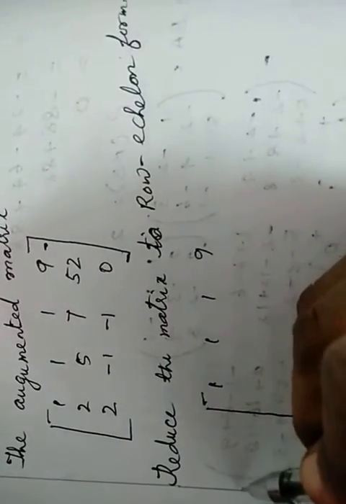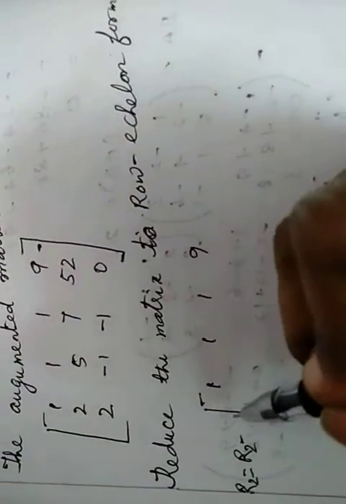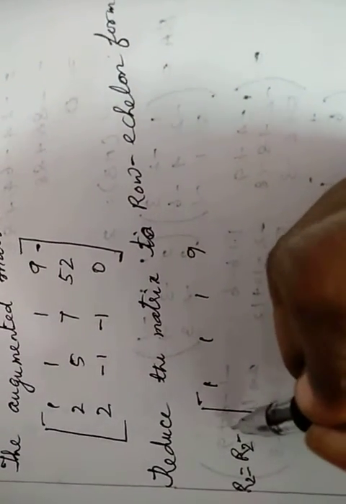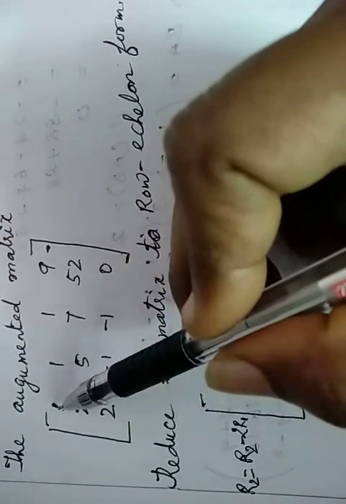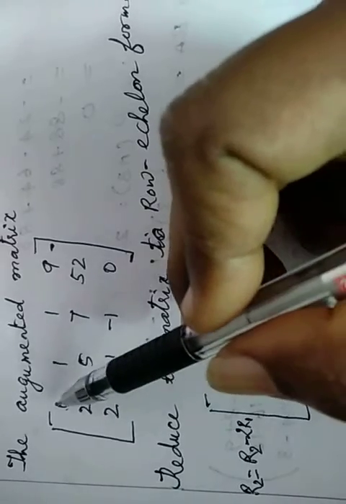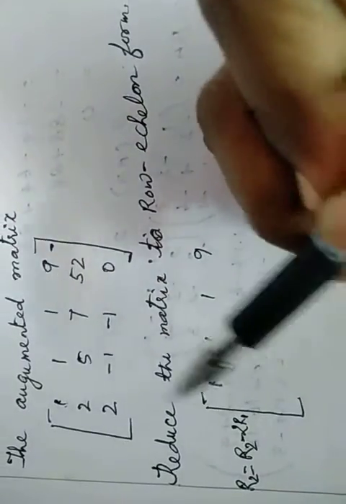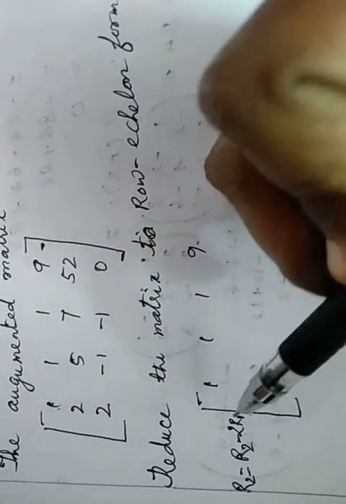So row 2 must be multiplied by 2 of row 1. When you multiply row 1 by 2, you will get 2, and you subtract row 2 minus that, then you will get 0. That is R2 is R2 minus 2 into R1.